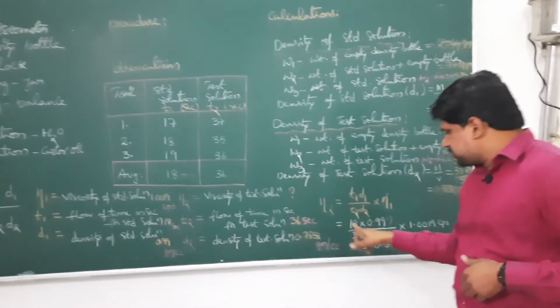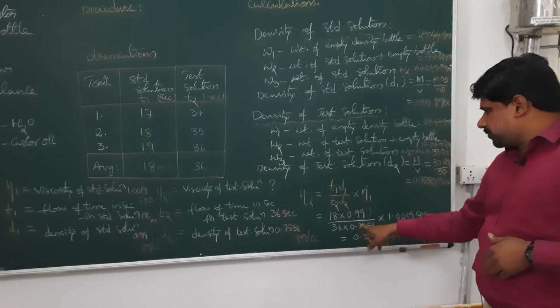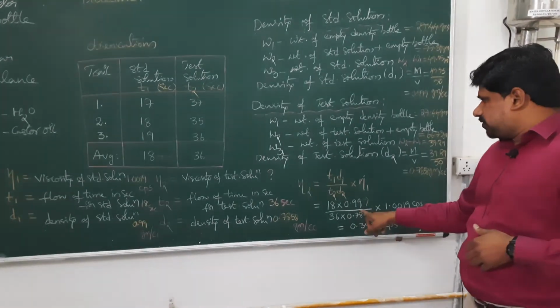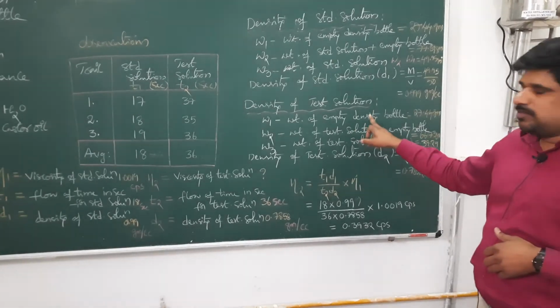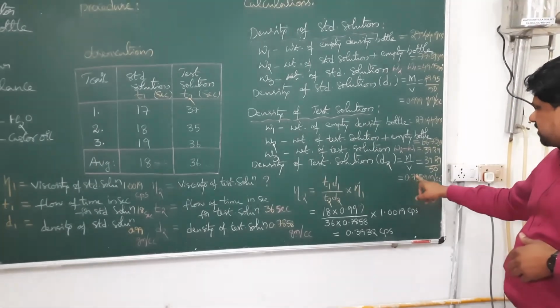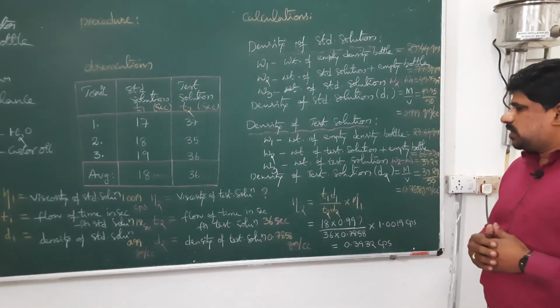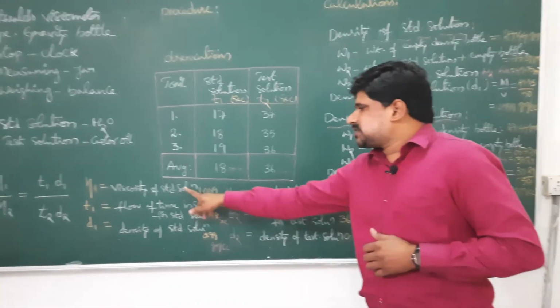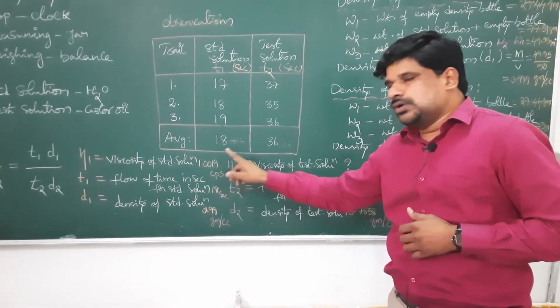Then I am substituting the 36 into D2. D2 is the density of the test solution, that can be calculated by using the weighing machine, equal to 0.78, into eta 1. What is eta 1? Eta 1 is the viscosity of the standard solution, that value is 1.0019.